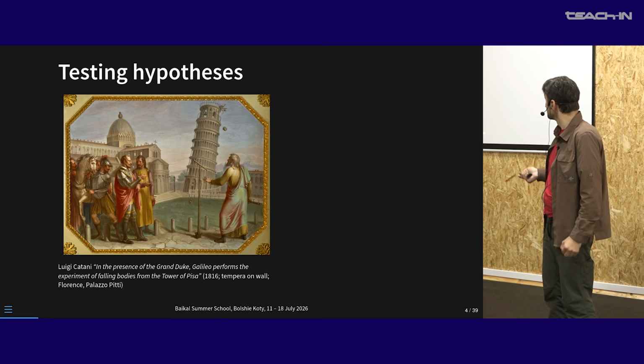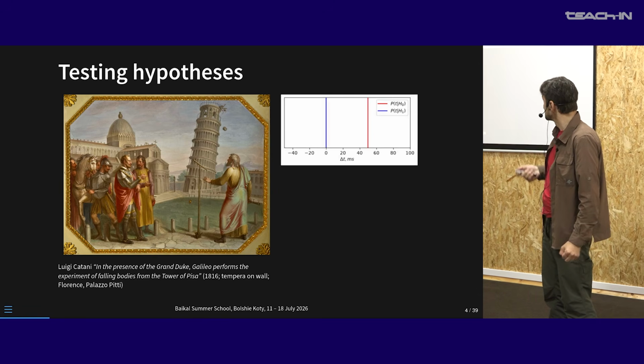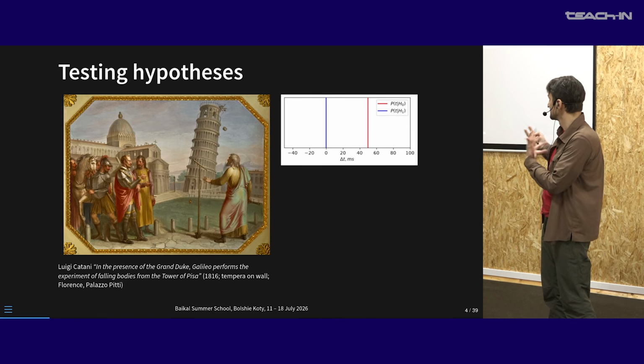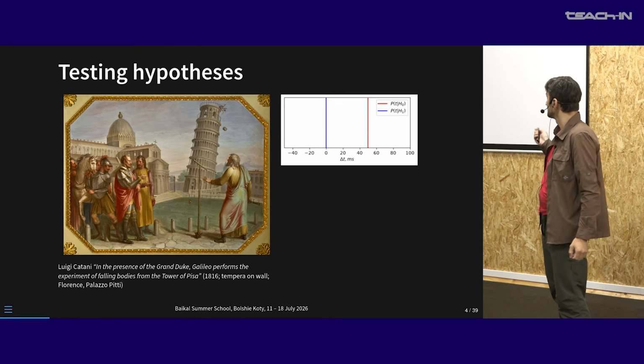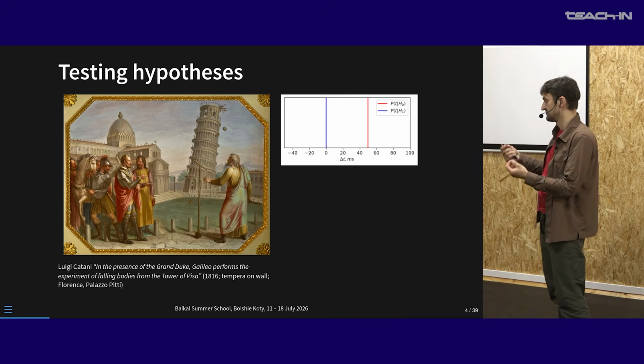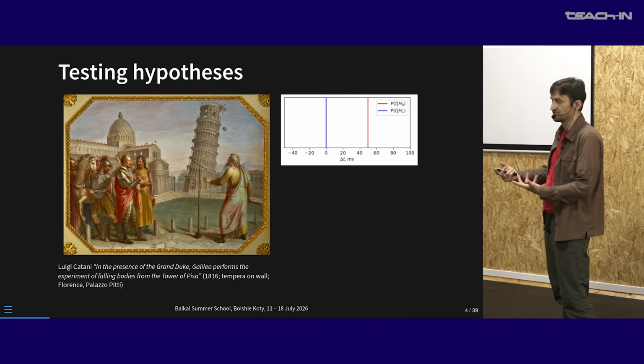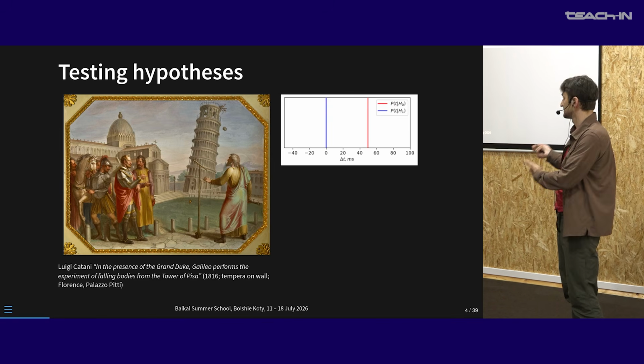Well, I presume that this is supposed to be quite a simple test. If delta t, the difference between the falling times of these objects, is 0, then Galilei is right.